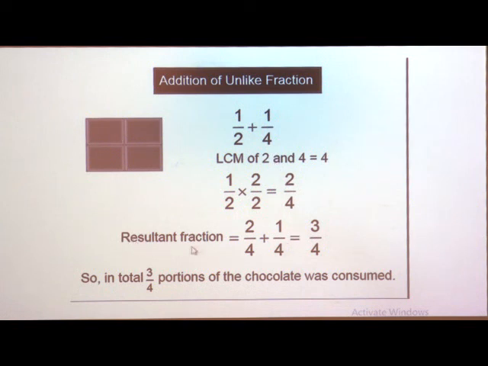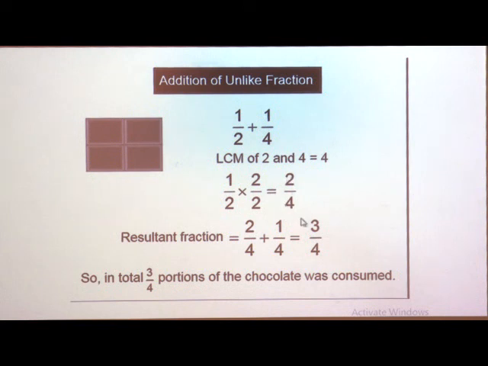So the resultant fractions, by making the denominators the same, are like fractions, and now we can add, compare or subtract as required.